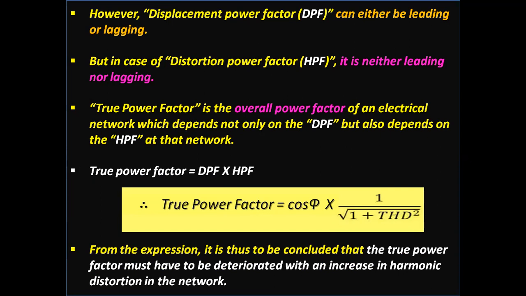Now, true power factor equals cos phi into 1 by root over 1 plus THD square, total harmonic distortion square. From the expression, it is thus concluded that the true power factor deteriorates with an increase in harmonic distortion in the network.